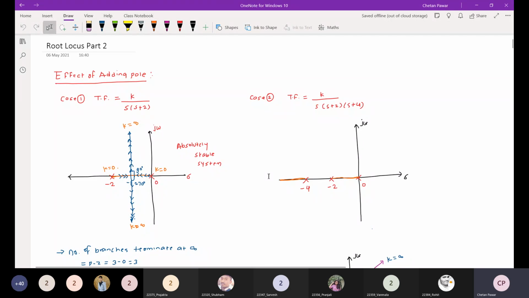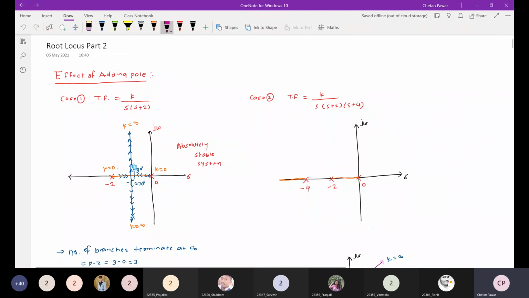Now if you see the root locus of this particular case one transfer function, the root locus branches start from the open loop poles -2 and 0, and they will end at infinity. Here you can see that the closed loop poles traverse locations that will be in the LHP only.